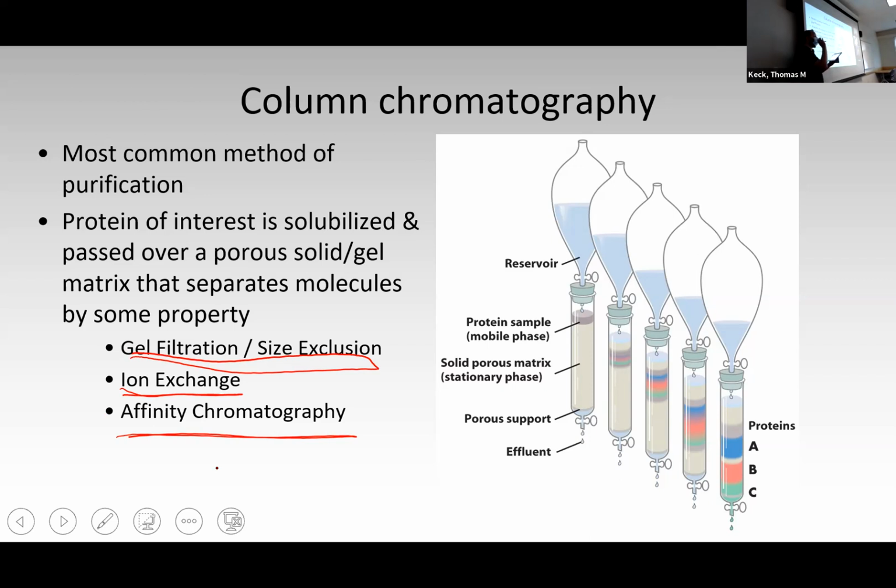The general method for chromatography, or liquid chromatography, I should say, is that you have some sort of liquid or mobile phase. This is usually a buffer of some sort that your sample is going to be in, and you will add that sample to the top of a column, which is a stationary phase. So it's some sort of matrix of stuff, and depending on what you want to do, that matrix can be made up of sugars, it could be made up of silica beads, and all sorts of different things.